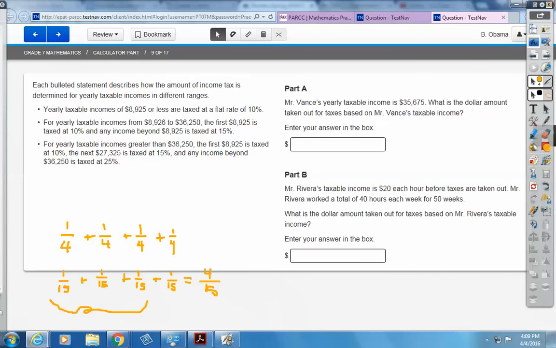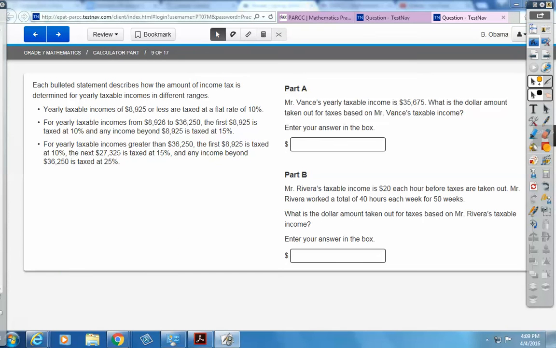Now we're on the last question. All right. Each bulleted statement describes how the amount of income tax is determined for yearly taxable incomes in different ranges. Yearly taxable incomes of this much are taxed at 10%.